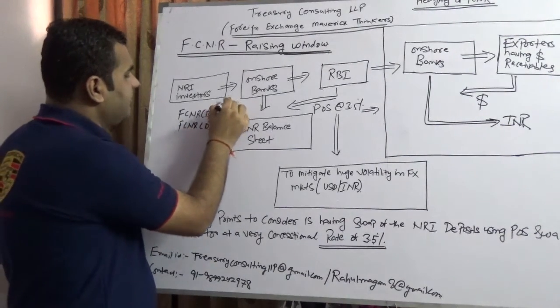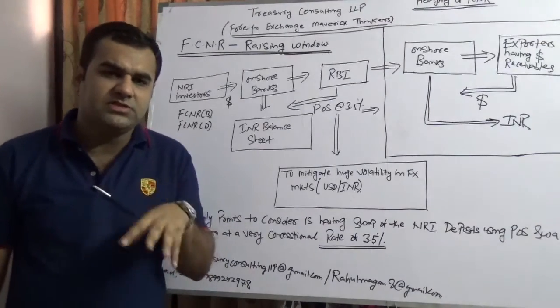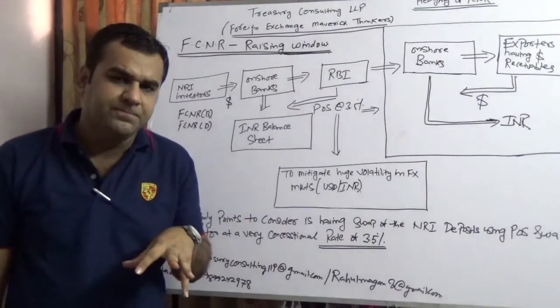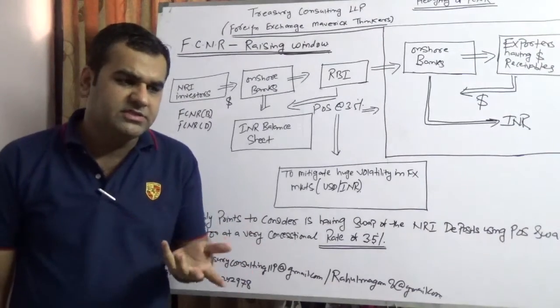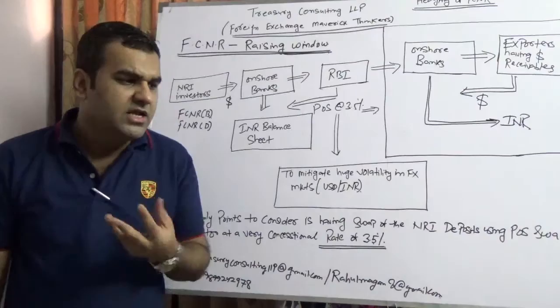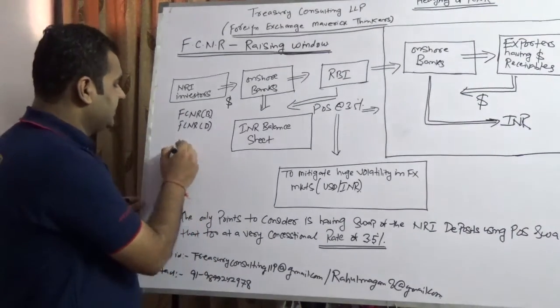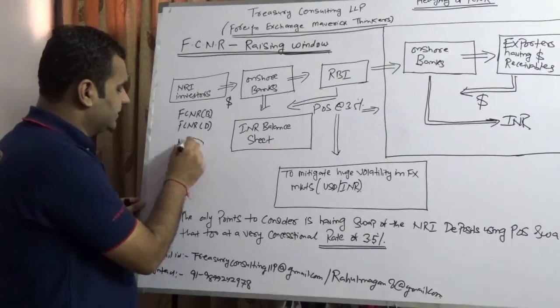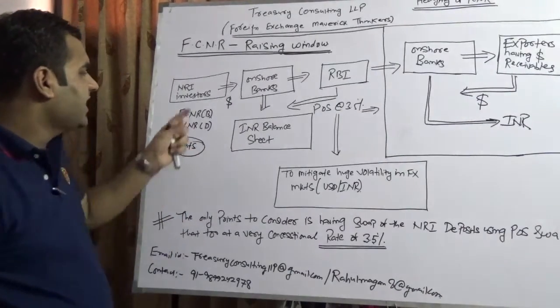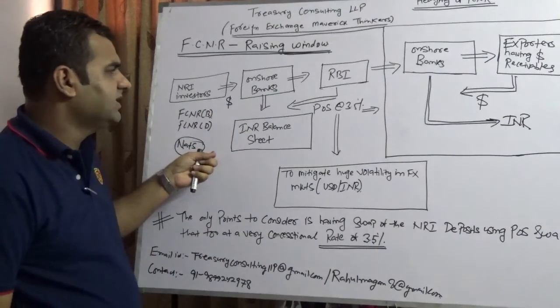Onshore banks refers to the banks which are here in India. Example: Punjab National Bank, State Bank of India, Union Bank of India, and other government banks. In a nutshell, they are also known as NATs. NATs stands for Nationalized Banks.